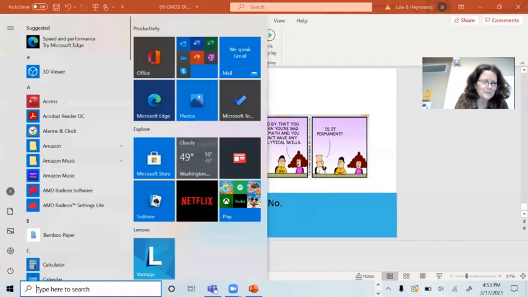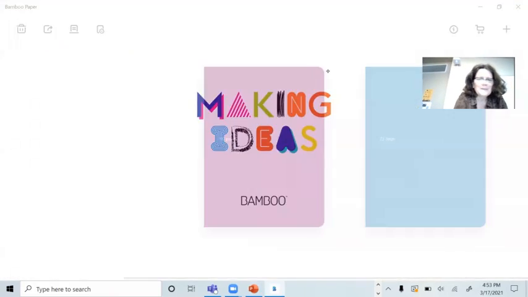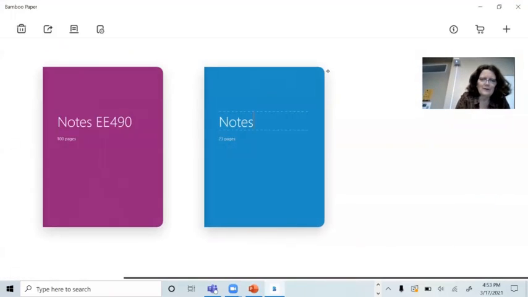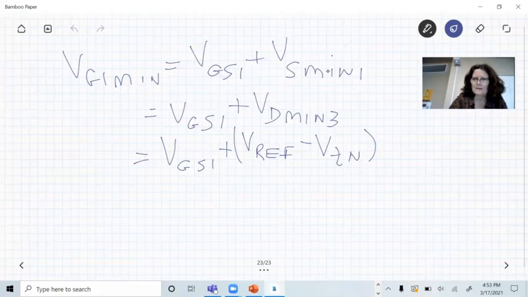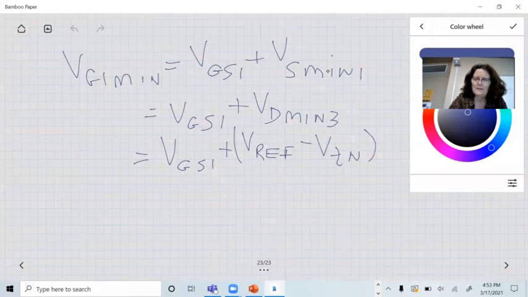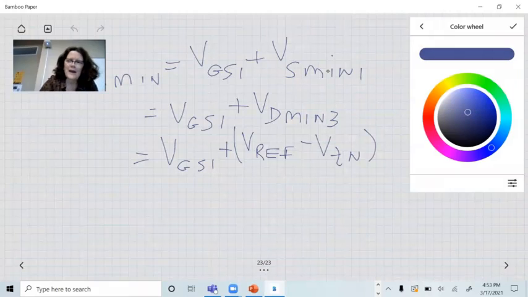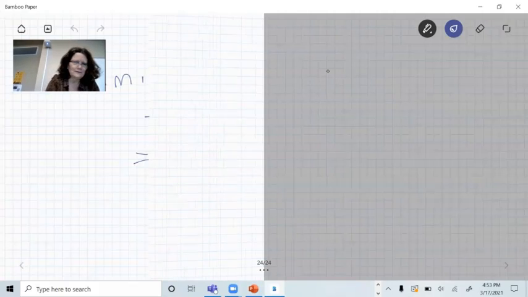Let me go to bamboo paper. If I wanted to get a mux, if I can write it as a truth table, I can actually create the circuit.